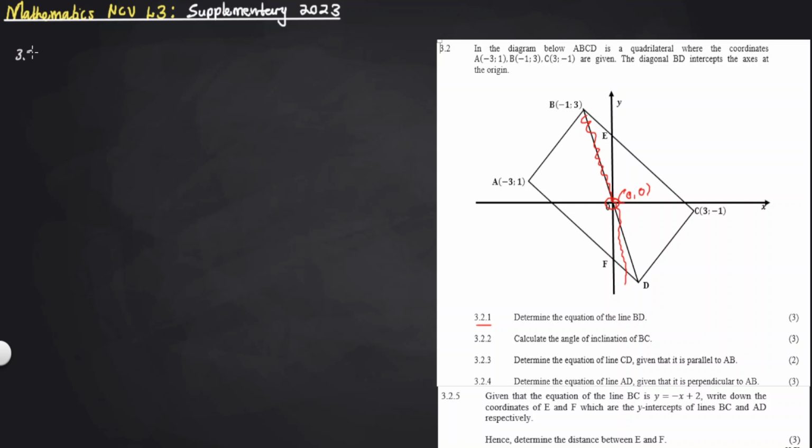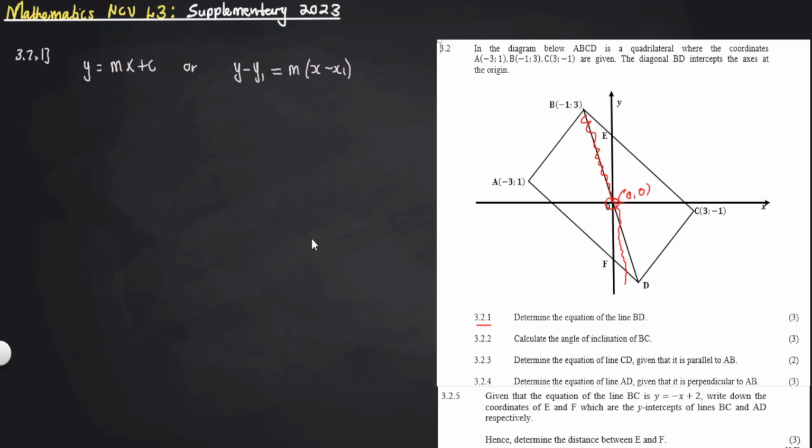Now with 3.2.1, we want the equation of a straight line BD. An equation for a straight line we calculate by y = mx + c, or you can use the formula y - y1 = m(x - x1). Either of the two formulas you can use.